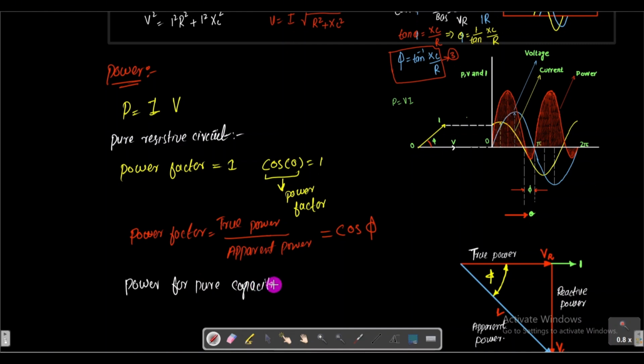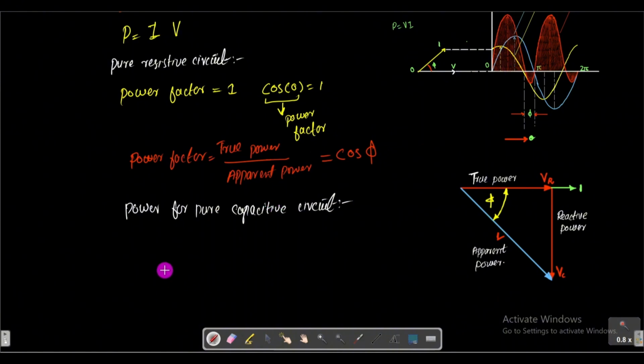A capacitive circuit is a circuit which consists of the alternating source and the capacitor C. In that case the current will lead the voltage by 90 degrees. The power factor is cos phi, and here phi is the angle between the current I and voltage V, which in the case of the capacitor is 90. Therefore cos 90 is equal to 0, so the power factor is 0 in the case of the pure capacitive circuit.